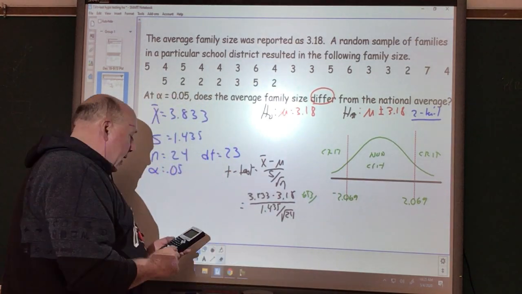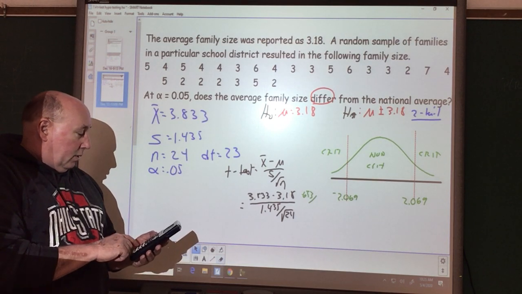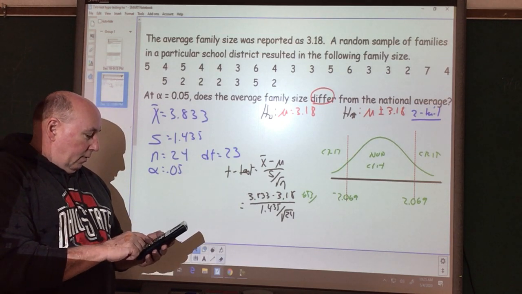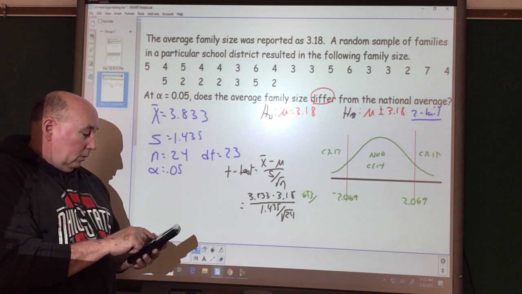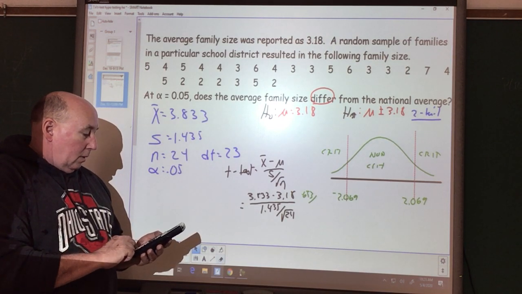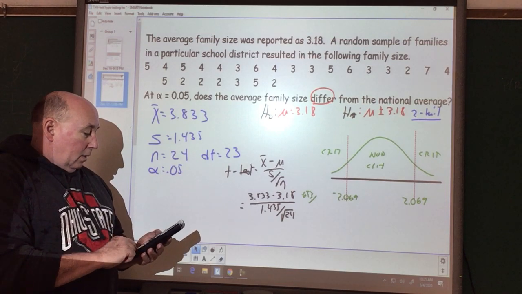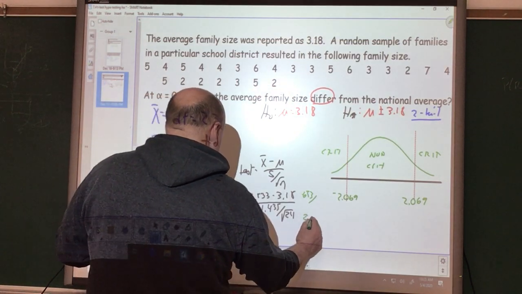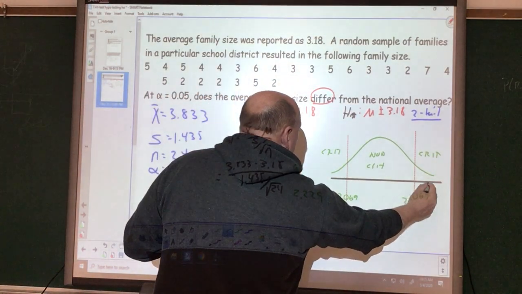Then I'm dividing by parentheses 1.435 divided by the square root of 24. And we get 2.229, which throws me out in a critical region.